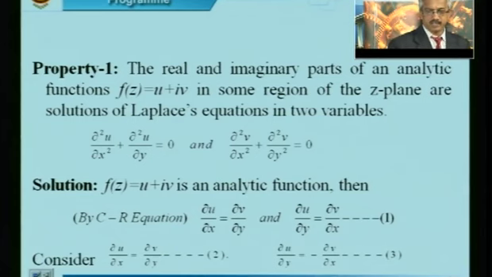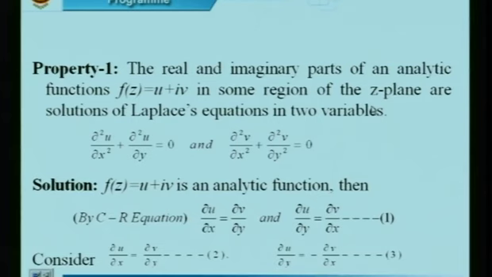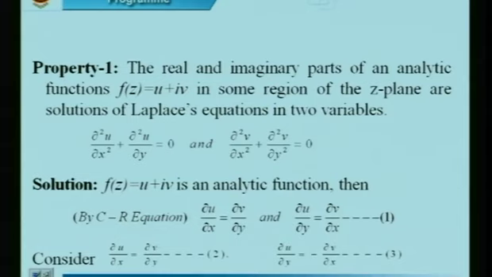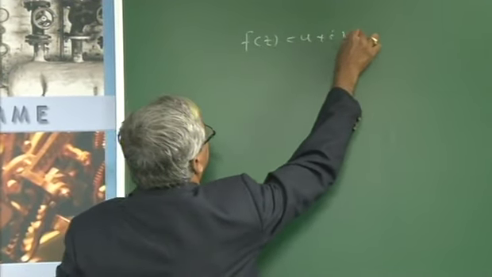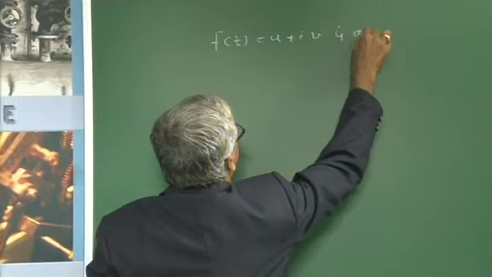In this case, by the statement itself, f(z) = u + iv is an analytic function. The given statement is that f(z) = u + iv is analytic.